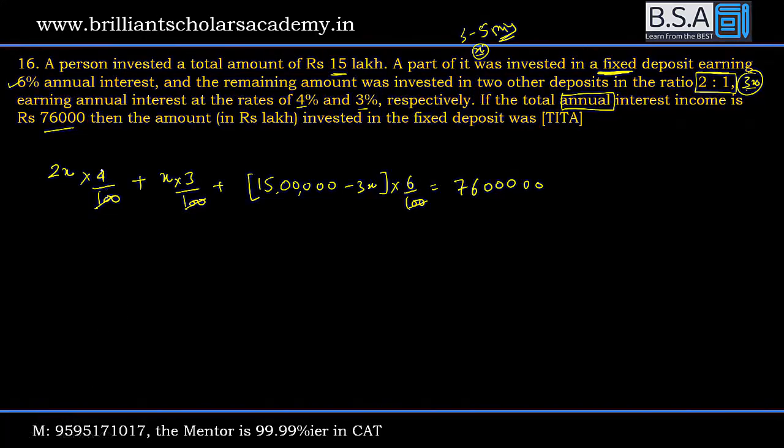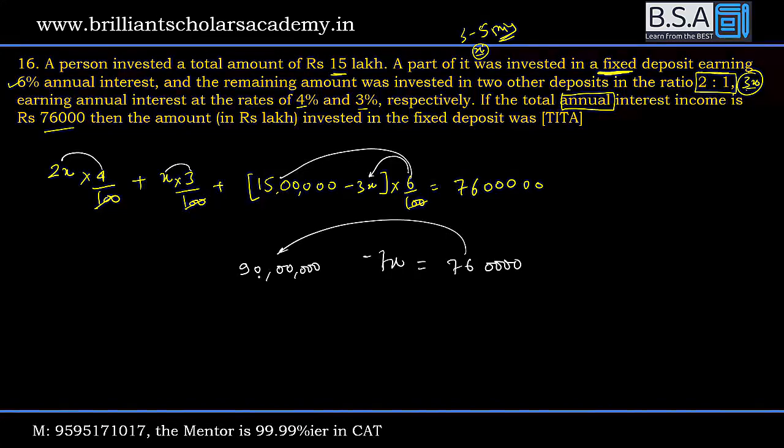What I have here is 8x plus 3x, 11x. And please observe, 11x minus 18x, so minus 7x. This 6 multiplies with this and becomes 90 followed by 5 zeros, equal to 76 followed by 5 zeros.